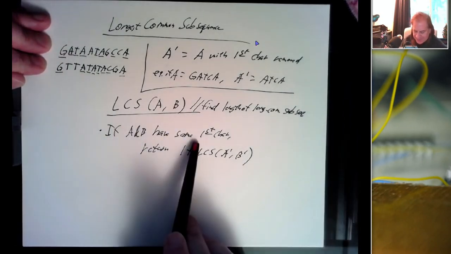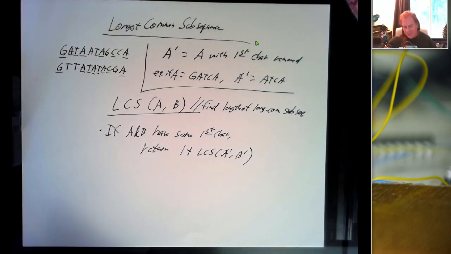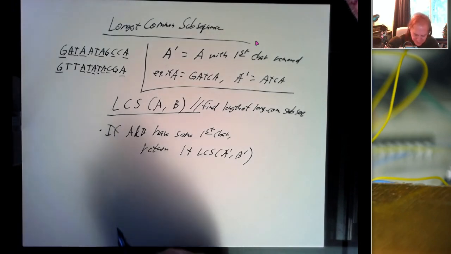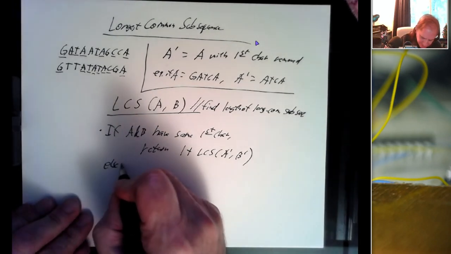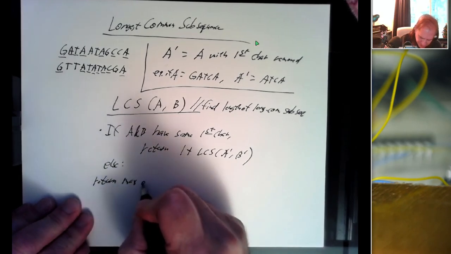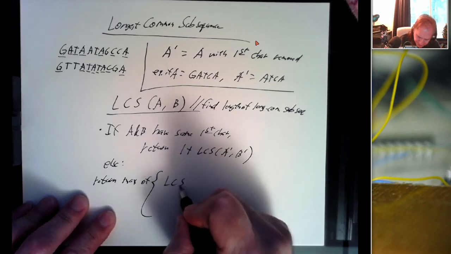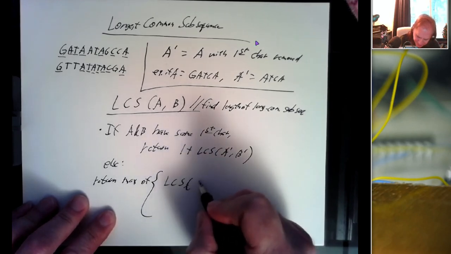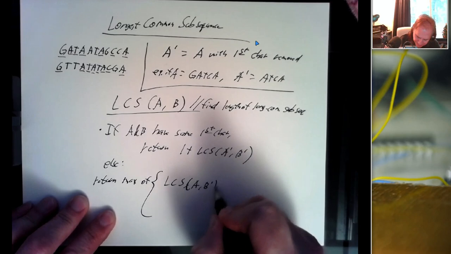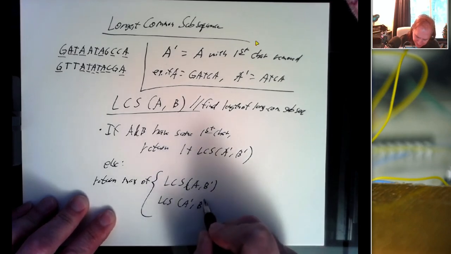So if A and B have the same first character, we can just return 1 plus that longest common subsequence length of the remaining strings. Else, return the maximum of the longest common subsequence of A, B prime, or the longest common subsequence of A prime, B.